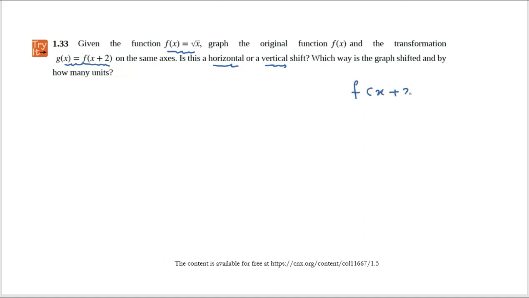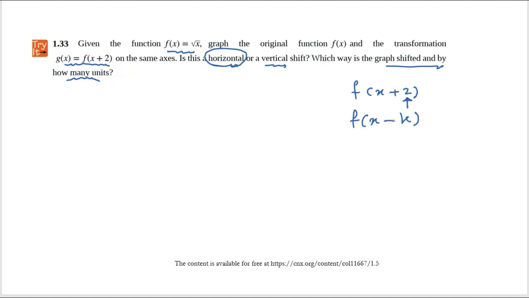F of x plus 2, if you compare it with our equation f of x minus k, so left and right is a horizontal shift. Which way is it shifted, toward right or left? How many units? 2 units.